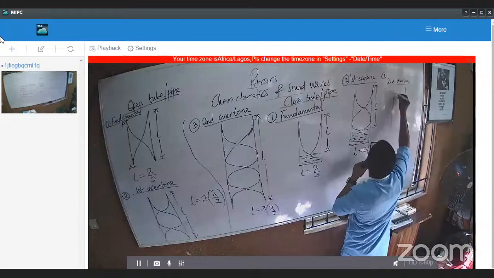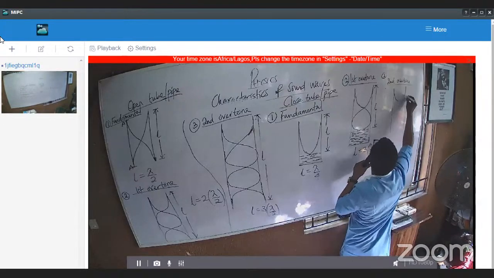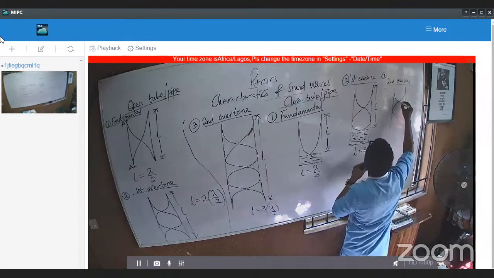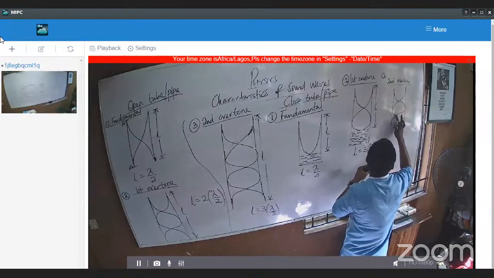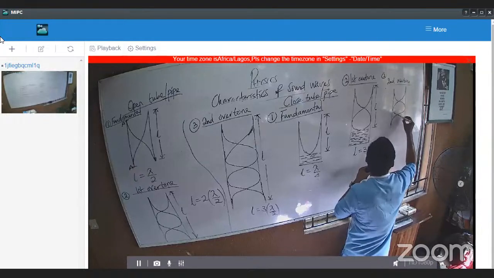Because sometimes they will draw for you and say, what overtone is this? All these are what the Pino has taught you, but some of you have not read that note very well. Give you a comprehensive note. Go and read it.